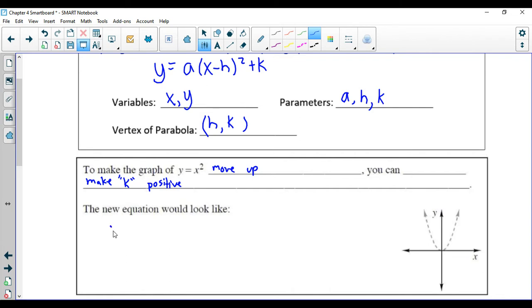So it's going to look something like this: y equals x squared plus 2. So if we add something at the very end, that's going to move the graph up. If you look, this dotted line is our parent equation, the y equals x squared. So I would have the same shape and size parabola. It's just going to be moved up 2. The vertex would be at 2.